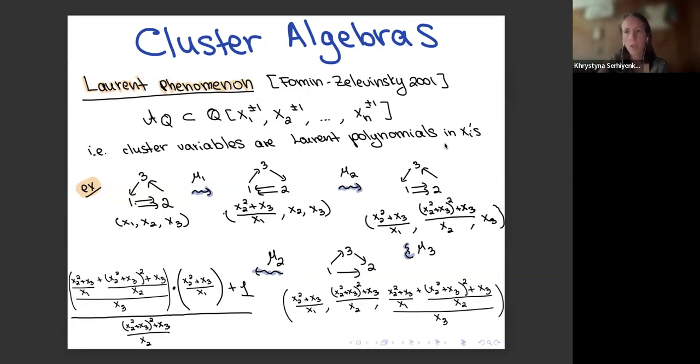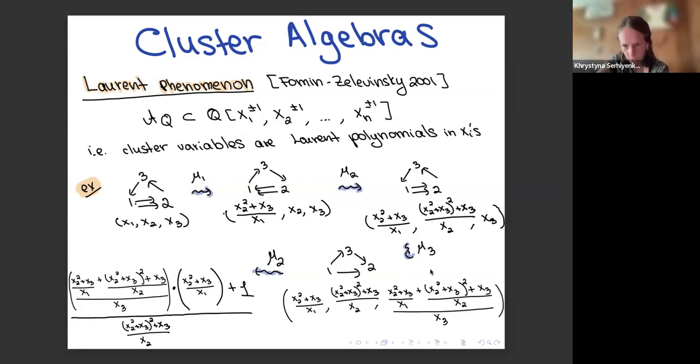All right. So it is really not obvious from the definition that this happens. If you just start computing, okay, let me not go through the detailed computations here, but just tell you what happens. So for example, if you start with this slightly more complicated quiver, you mutate at vertex 1, you get this variable in position 1. Then you mutate at vertex 2, you're going to get this variable in position 2.